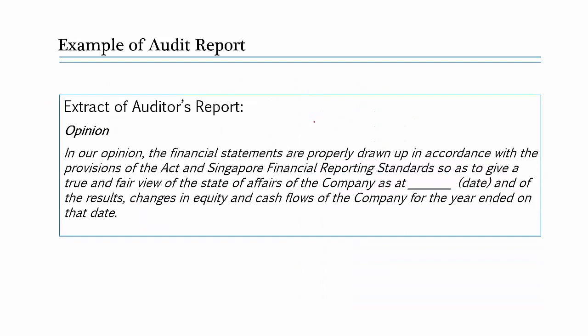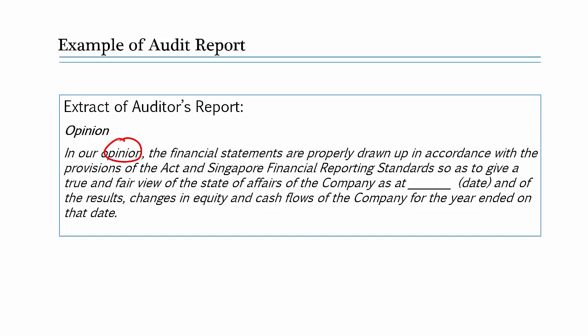Okay, here is an example of an audit report. The audit report is usually 1 to 2 pages long. It's a standard template because you have to follow the requirements, the standards of auditing. So in here, you see the words "in our opinion", also meaning the auditor's opinion.